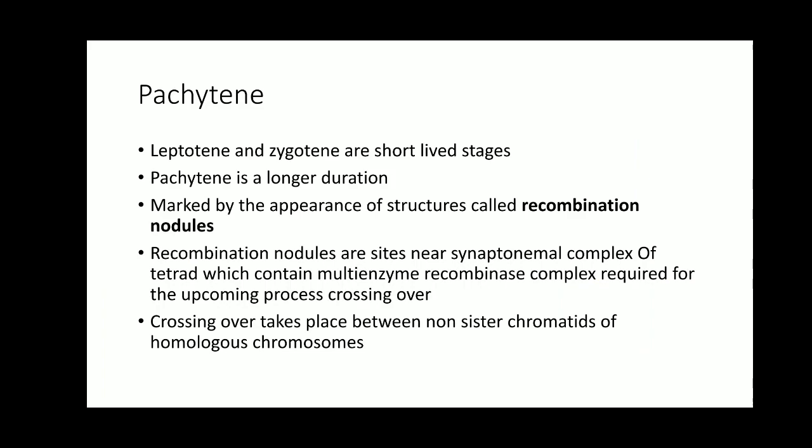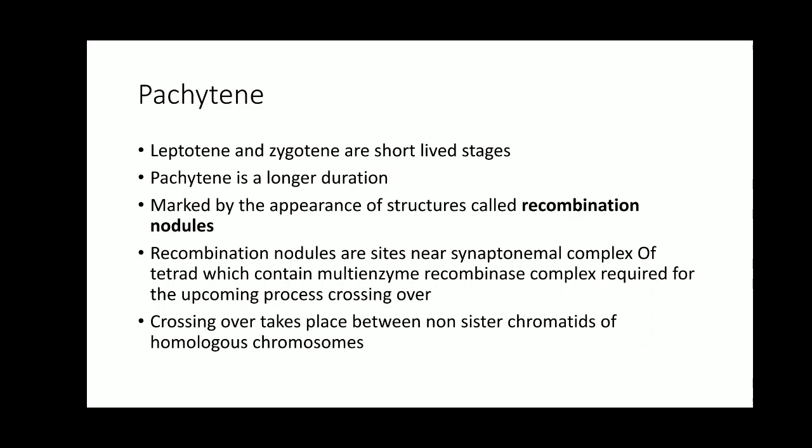These nodules contain a multi-enzyme complex called recombinase, which participates in the crossing over process. So the recombination nodules are the sites where crossing over takes place, and they are rich in the recombinase complex required for it.